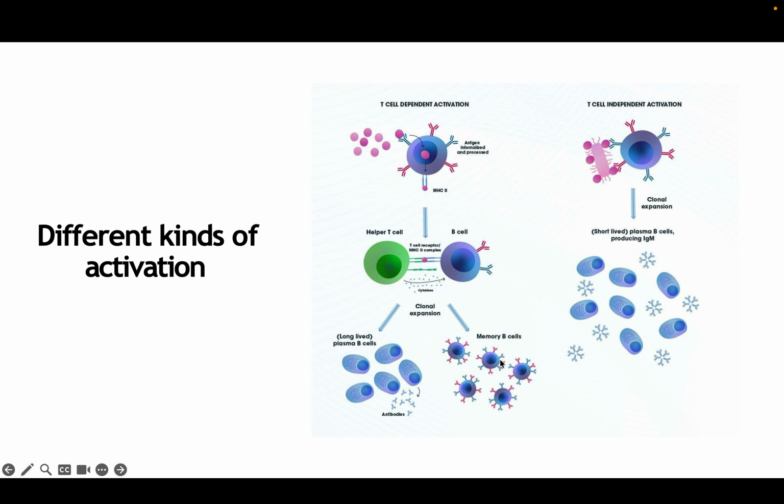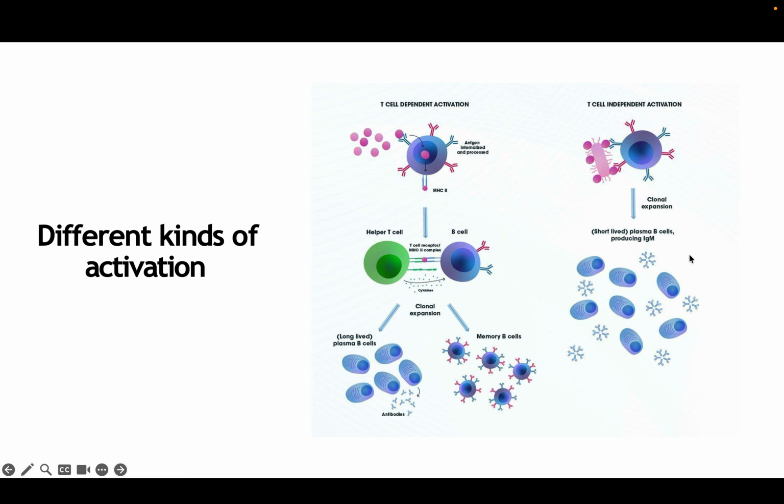These memories stay for literally almost a lifetime because they are now specific towards, let's say, imagine you're infected with influenza. So influenza A, in this case, these will stay there. And if you're infected again with influenza A, these are able to recognize it much more quickly. So they're able to become memory B cells or plasma B cells.